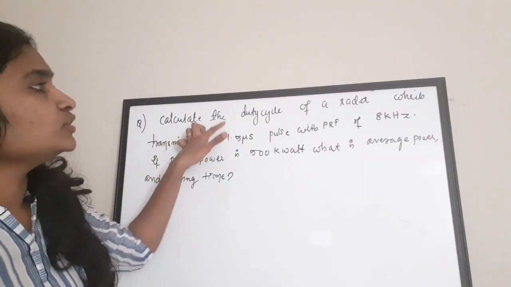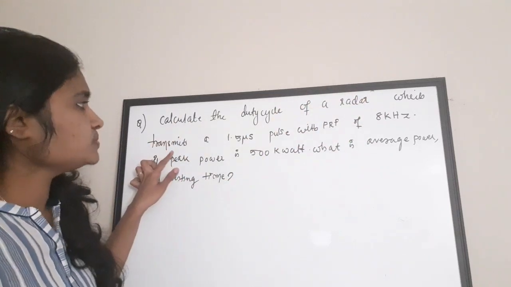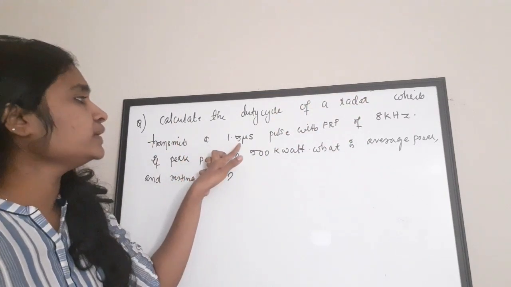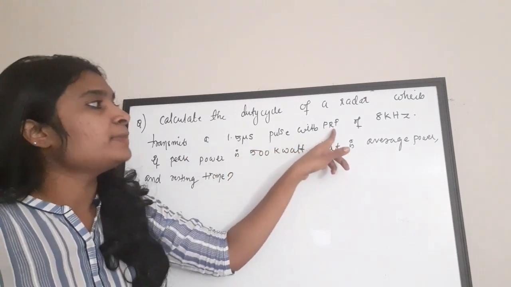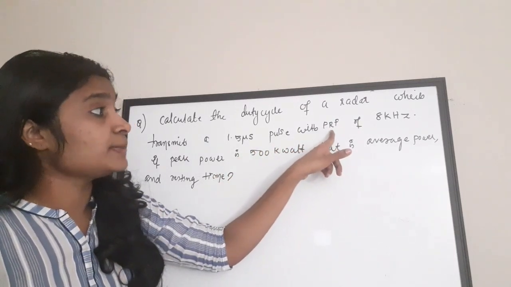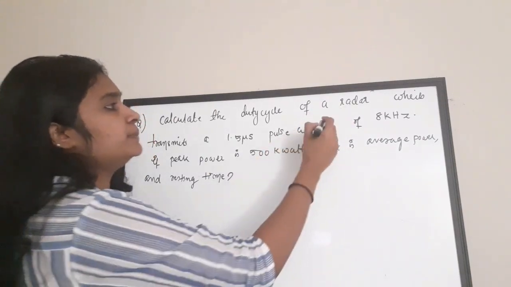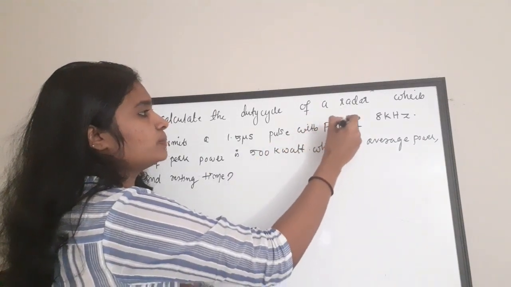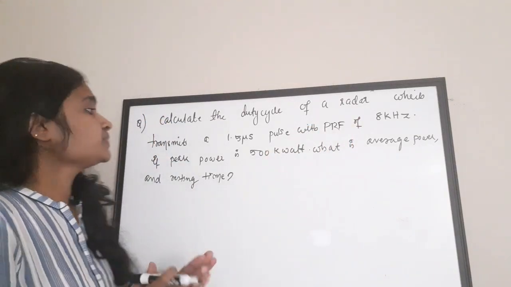Calculate the duty cycle of a radar which transmits a 1.5 microsecond pulse with a pulse repetition frequency, PRF, of 8 kilohertz.